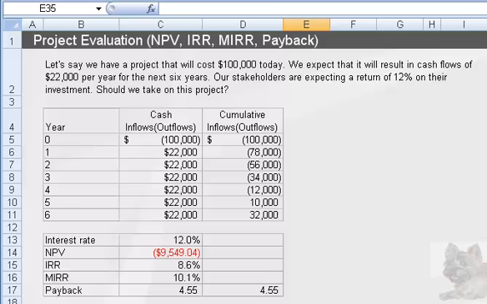Payback says it's going to take 4.5 years before we get our money out of this. That seems to be a fairly lengthy time given the cash flows. But quite frankly, I would not rely on payback as an approach to determine whether we should take on a project or not. I would use NPV or MIRR. Those would be my two preferences.